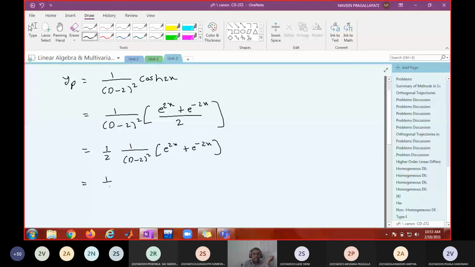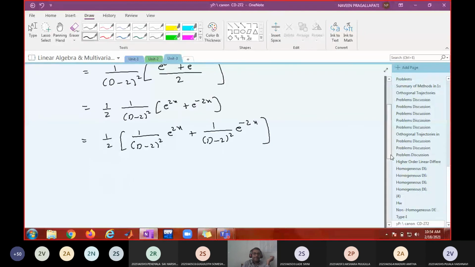Because of linearity, this can be applied to each term, like integration, like differentiation. So this is 1 by (d minus 2) whole square of e power 2x plus 1 by (d minus 2) whole square of e power minus 2x.